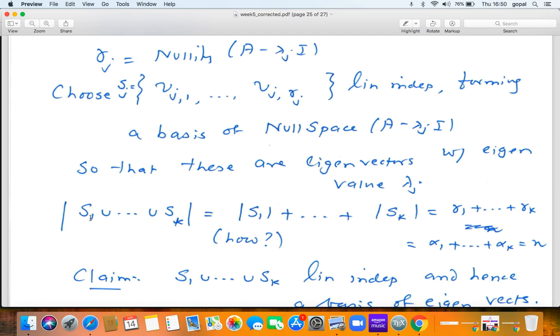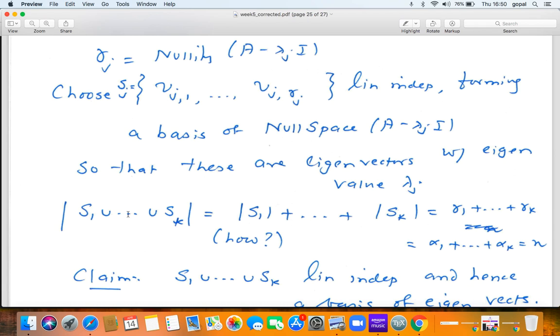Because if I take something in S1 and something in S2, there cannot be anything common between S1 and S2. S1 consists of eigenvectors with eigenvalue lambda 1, S2 consists of eigenvectors with eigenvalue lambda 2, and lambda 1 and lambda 2 are distinct. So you can't have anything common between S1 and S2.